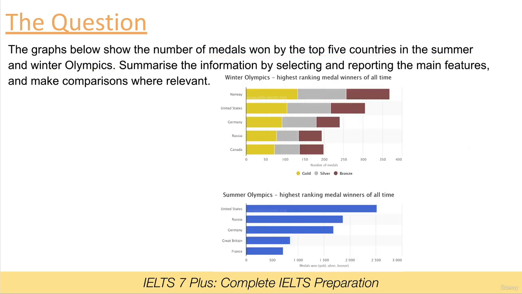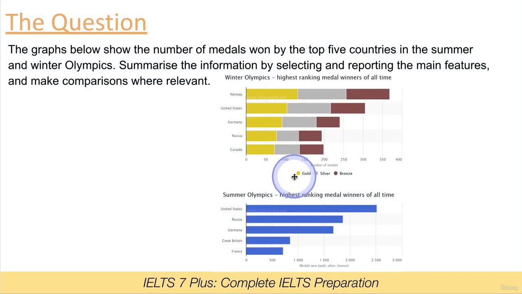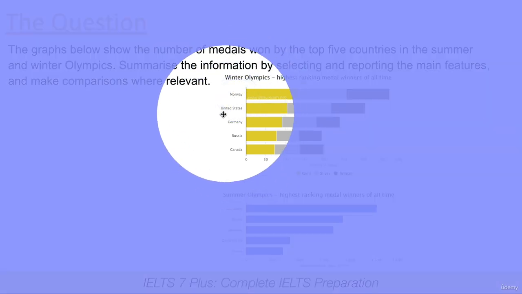Okay, let's have a look at the data. Here we are. We've got the Winter Olympics at the top here. We've actually got a key, and this is showing the gold, silver and bronze medals. This is an interesting type of bar chart. Firstly, it's the other way. Usually it's vertical, but this is a horizontal bar chart. On the y-axis we've got the countries.